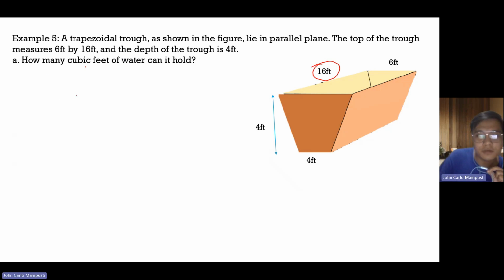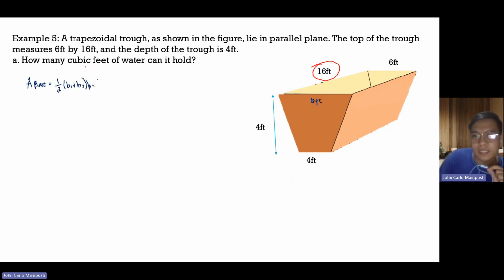So, kunin muna natin yung area niya. As you can see, we have 6 feet. We have 4 feet. Height is 4 feet. So, area ng base is equal to 1/2 B1 plus B2 times height.